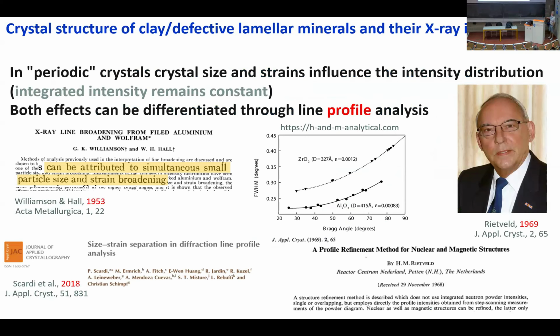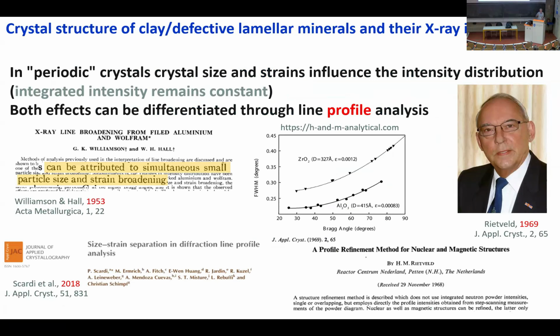Again, that's nothing new. This was brought up about 60 years ago, when Hugo Rietveld was able to interpret, at the time essentially devoted to neutron data, but to analyze the profile.